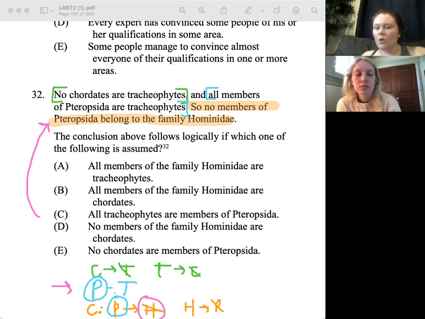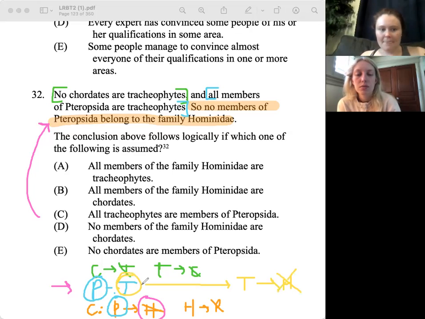What new thing could we say about T that would guarantee that P is not H? No members of tracheophytes are in the family Hominidae. Yeah, if you're T and you're not H, that would definitely guarantee it. Because if you're a P, you're a T, and if T can't be H, then P couldn't be H either. So that would be a great one.